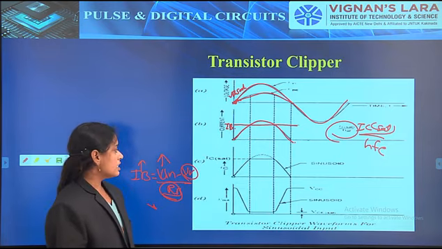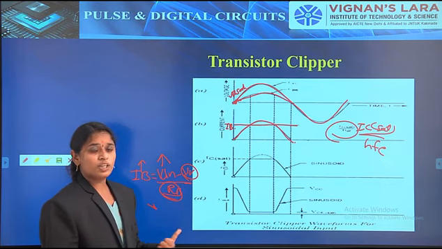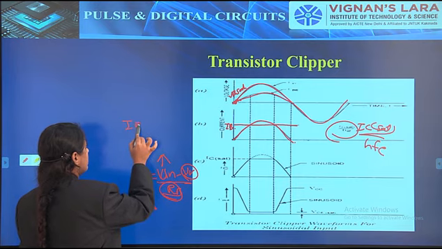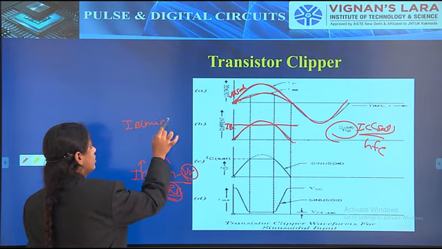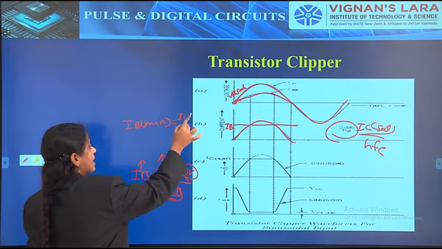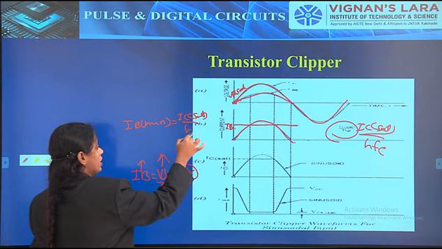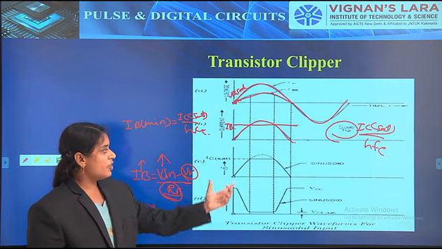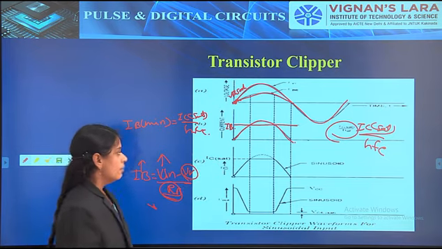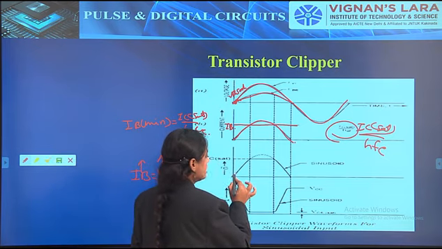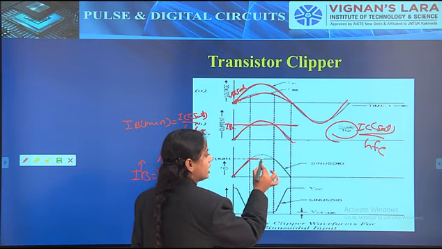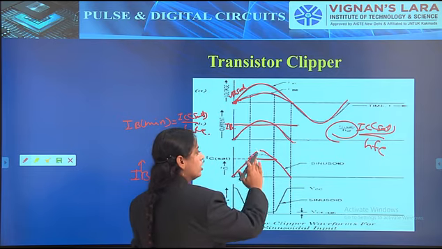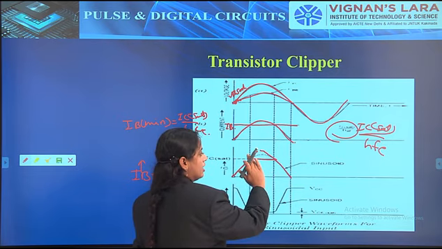The condition for IC sat is that IB minimum is equal to IC sat by HFE. So here we draw the IC current: as IB increases, IC also increases, but it reaches the maximum level, and after that the input signal is cut. This signal is removed above this condition.